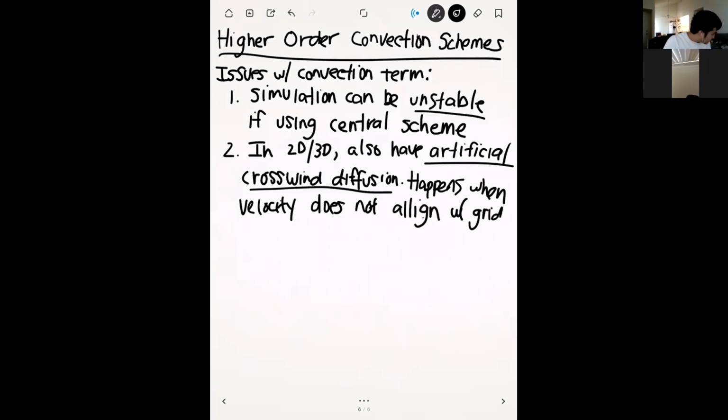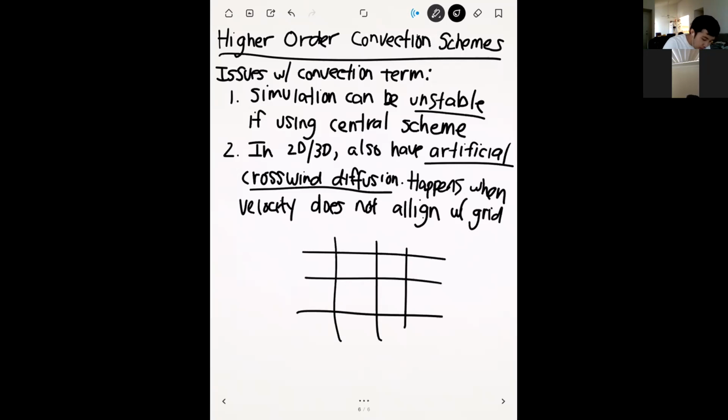Schematically it looks something like this. Let's say we have our grid that looks like this. This could be either a finite difference or finite volume grid, but for now I'm making it finite difference by focusing on the grid points. If the velocity vector was either pointed straight up or straight left to right, we wouldn't have a problem because we wouldn't have this crosswind diffusion.